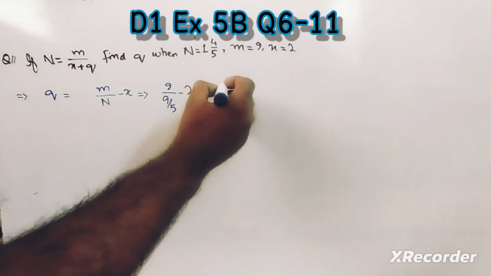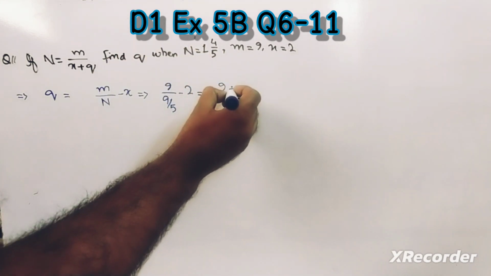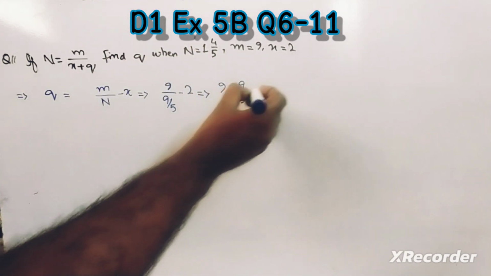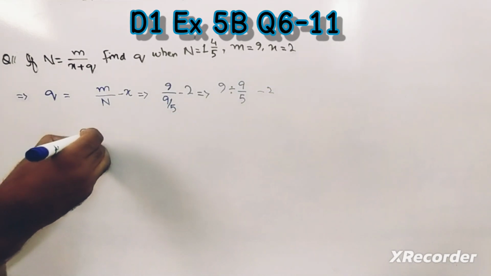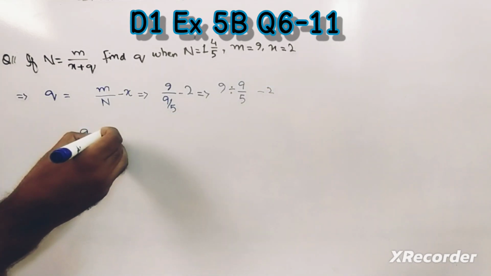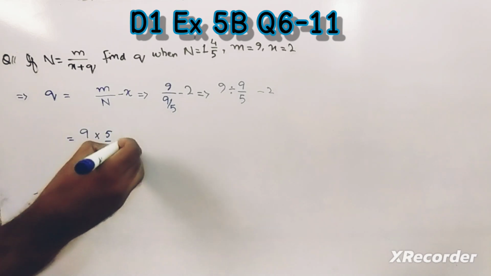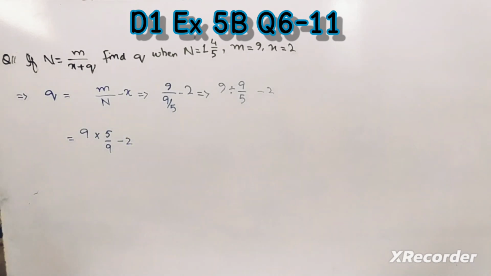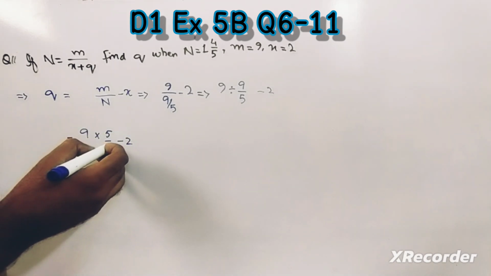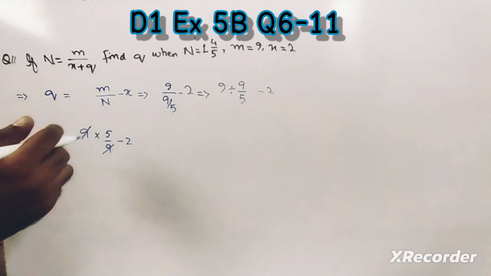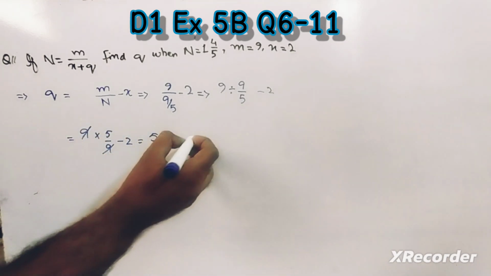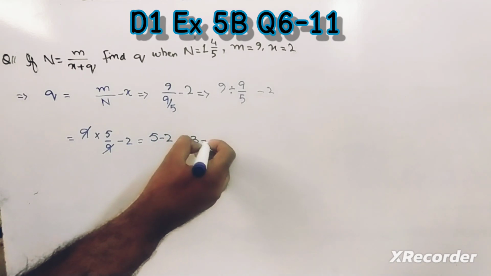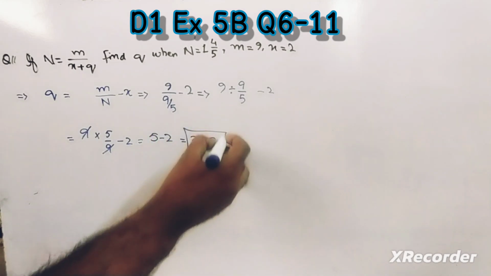Now we can write it as 9 divided by 9 upon 5 minus 2. And when we reciprocate, it will become 5 upon 9 into 9 minus 2. So we can cut out this 9 with this 9, and the remaining terms are 5 minus 2, that is 3, which is the value of q, and it is our required answer.